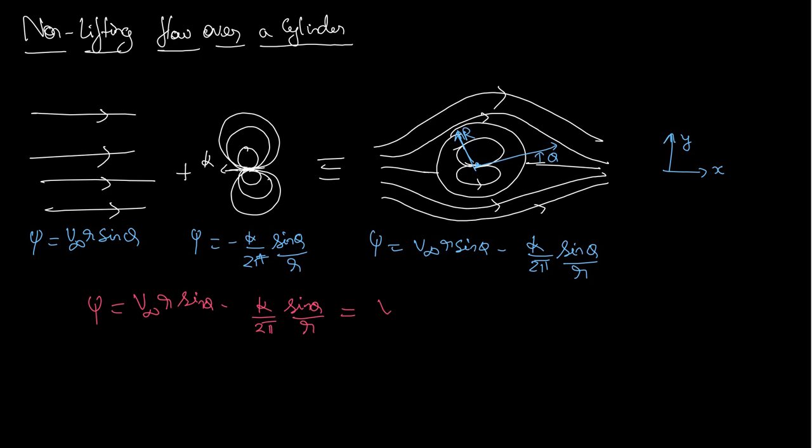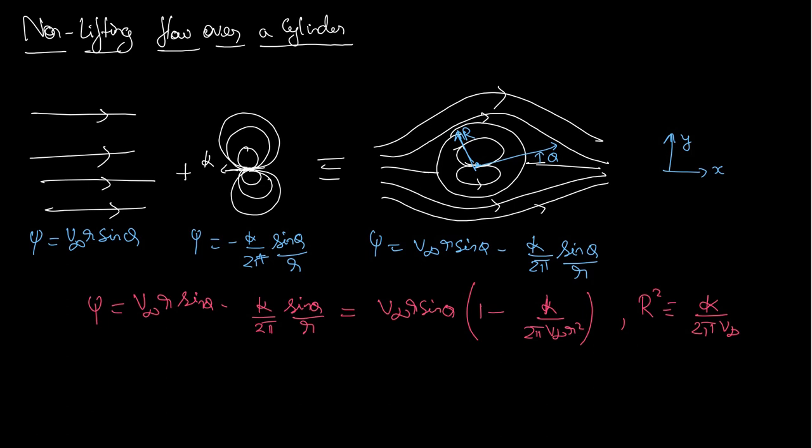I take V infinity r sine theta common, and I get 1 minus kappa over 2 pi V infinity r squared, because that r comes to the denominator and becomes r squared. Outside I define this R squared to be kappa by 2 pi V infinity. We'll later see that this R squared is nothing but the radius of the cylinder, which we keep inside.